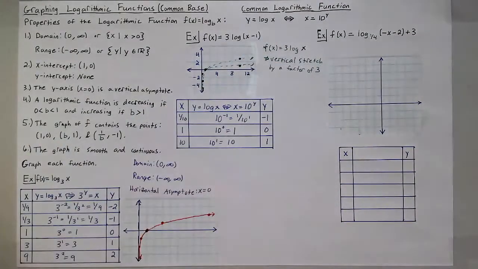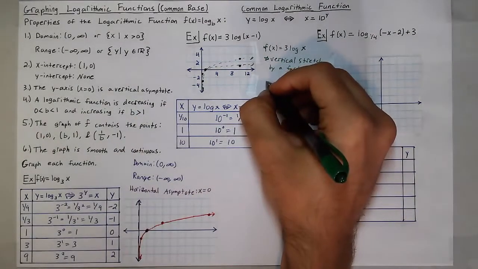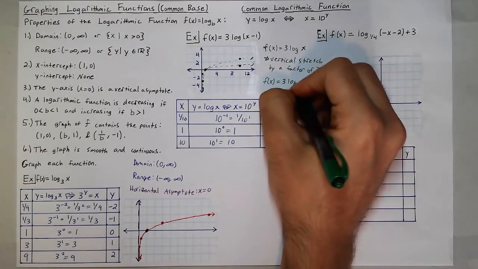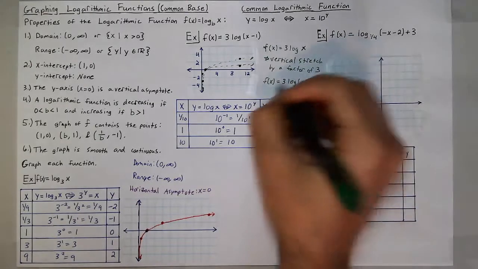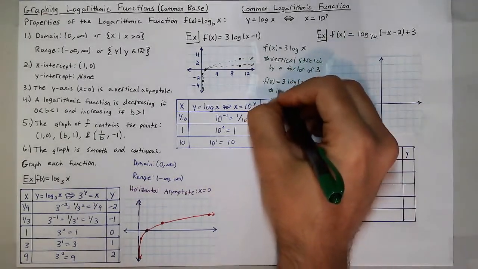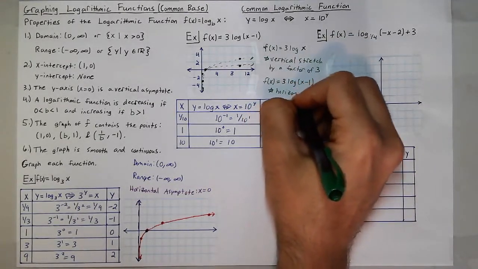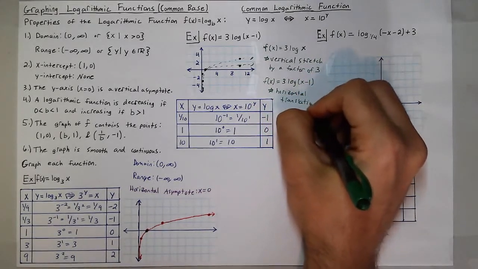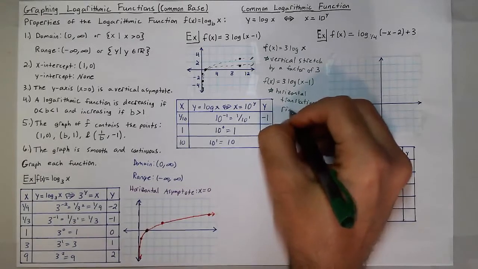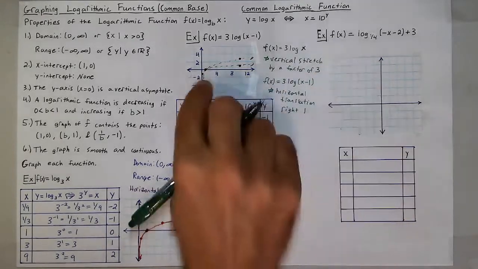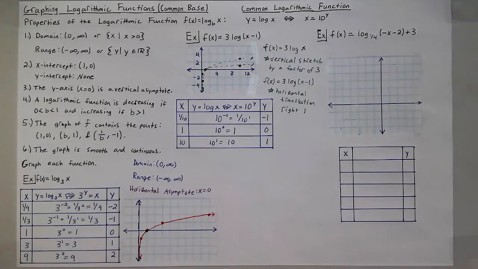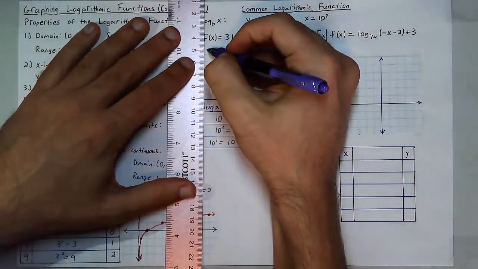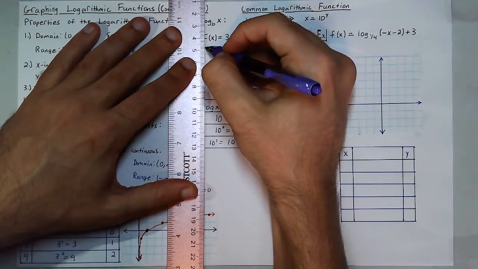Then lastly, the last transformation is to apply the -1 to the x, which would be a horizontal translation right 1 unit. So every point will move to the right 1 unit, including the vertical asymptote, which was at 0, but now when it moves to the right, it goes to x equals 1.